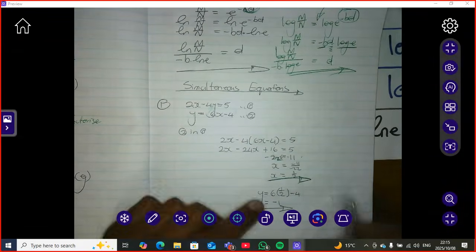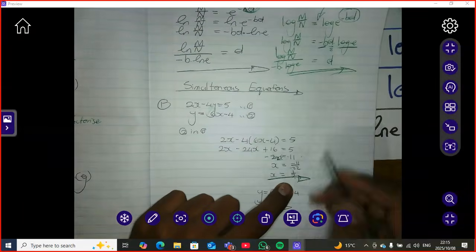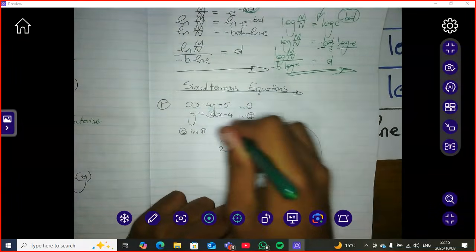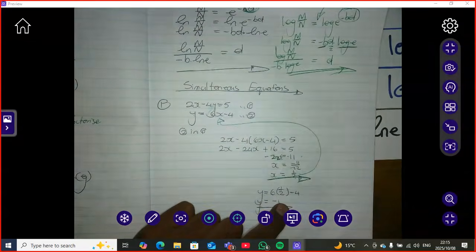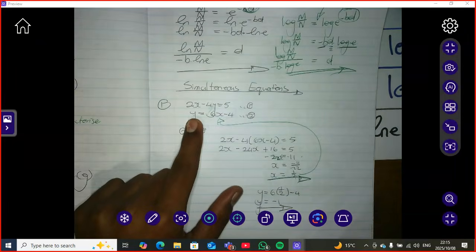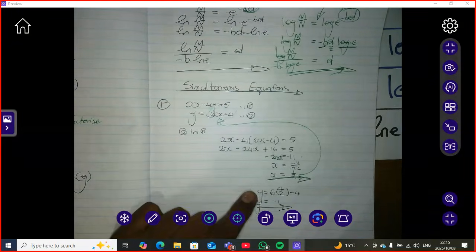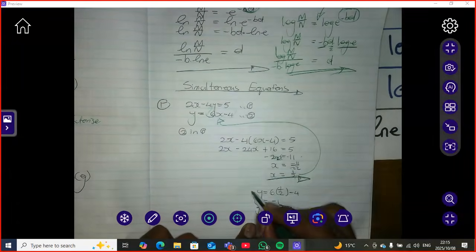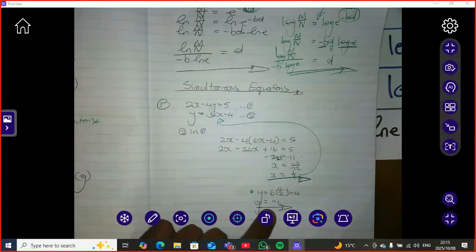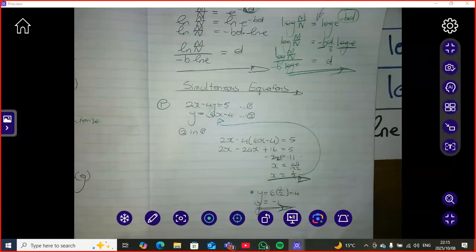Then I take this x value and put it into there to get my y value, because remember, for simultaneous equations I must get an x and a y value, right? So I do that over here, and I get y equals negative 1. Yes. Simple, very, very simple.